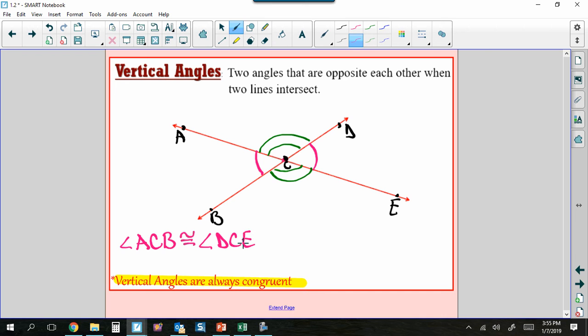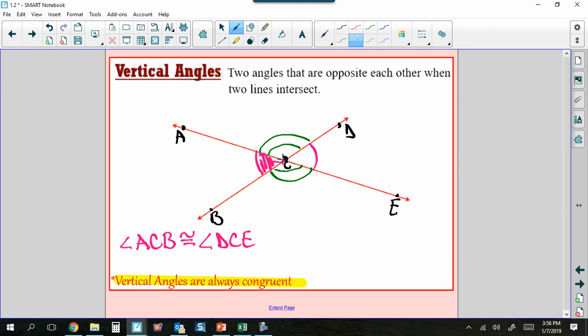I went ahead and added in letters so you know which angles we're actually talking about. So this would be the perfect example of when angle C would not be a valid name for any of these angles, because all these four different angles are angle C. So you have to use the three letters to name it so that we know specifically which angle you're talking about. So when I say angle ACB, well, here's A to C to B, so that's this angle here.